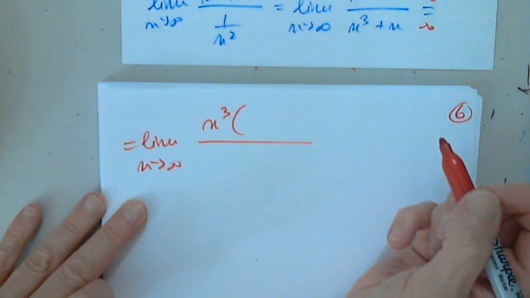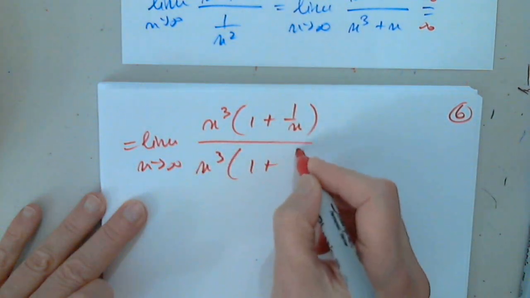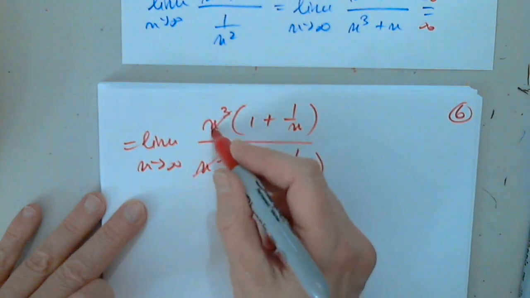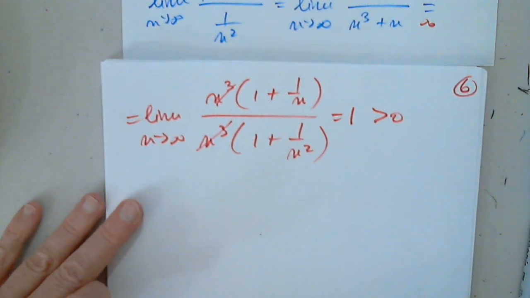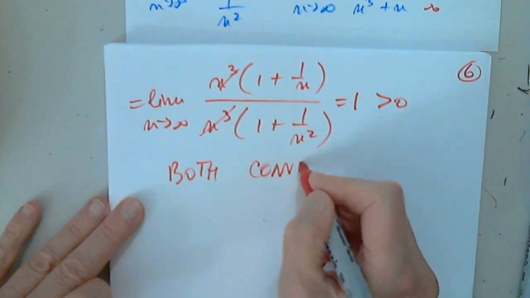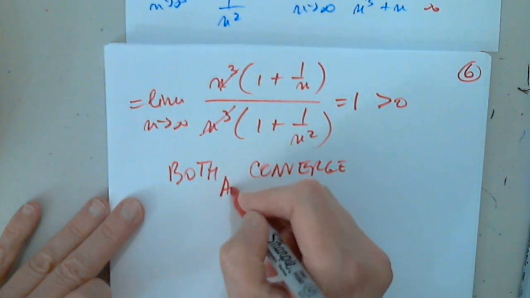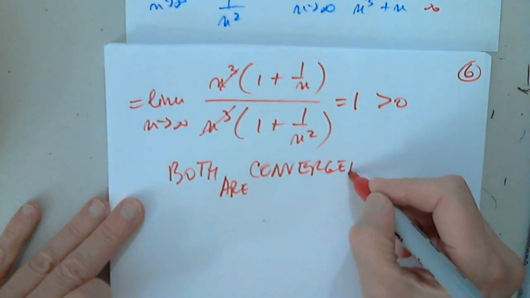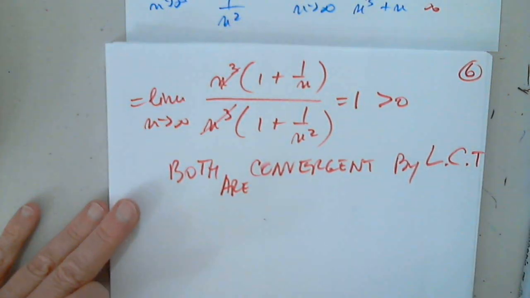So n cubed, and this is 1 plus 1 over n, and n cubed 1 plus 1 over n squared. And the limit is 1, is greater than 0. So therefore, both converge, or are convergent, better, by the limit comparison test.